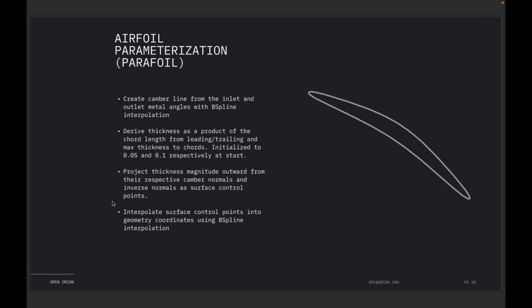Then we get the thickness magnitude, and we take the normals along the camber line in both the inverse and the direction of the normal, and we add those thicknesses up to get our pressure and suction surfaces for the leading, the middle, and the trailing. We can use those as control points with B-spline interpolation to then get all the points along the blade.